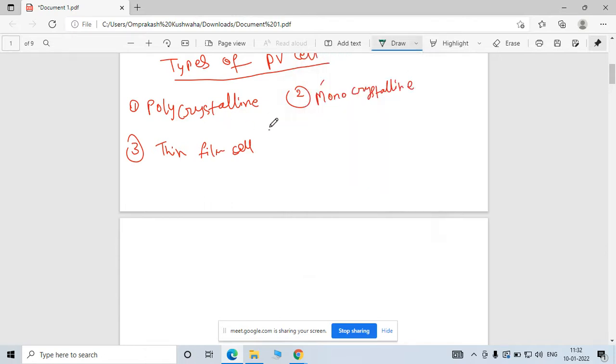It is the costliest compared to these two, this one is the cheapest, and this one is moderate in price. If I talk about efficiency, the monocrystalline cell is more efficient compared to others, and its efficiency is almost 15 to 20%.